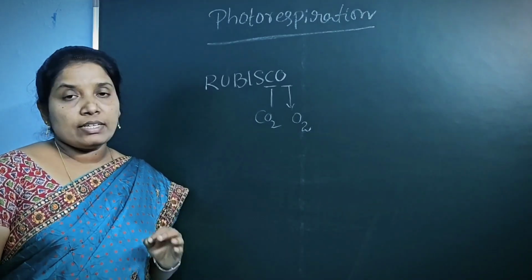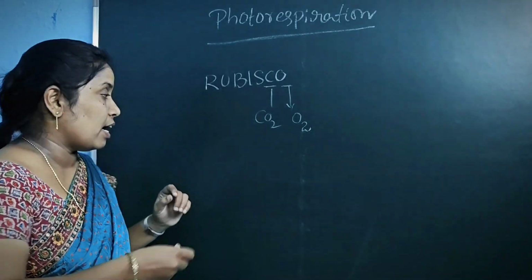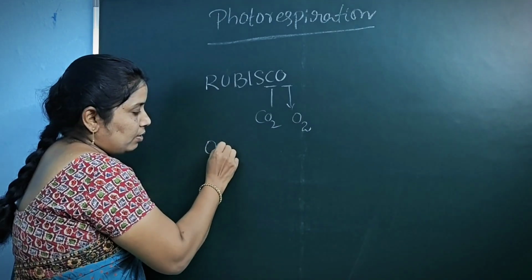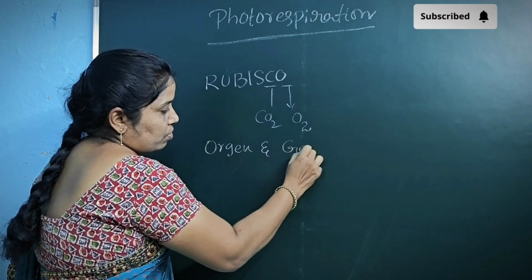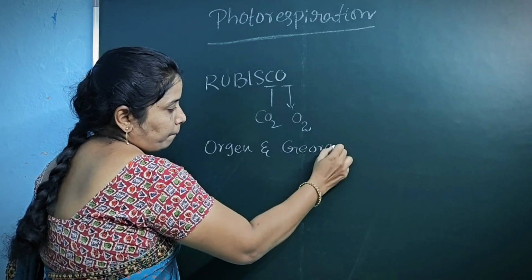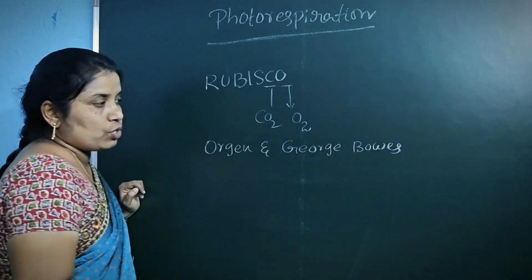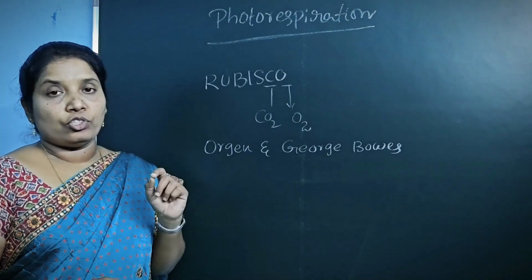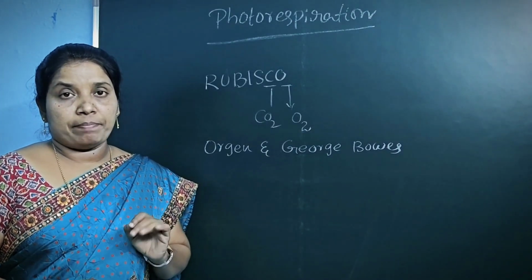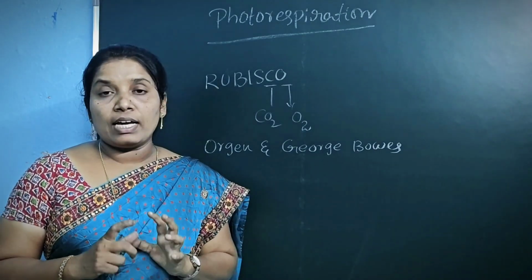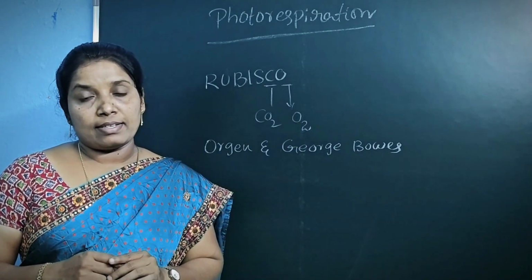The dual nature of the RuBisCO enzyme was reported by 2 scientists, Orgen and George Bauss. These 2 scientists have reported the dual function of the RuBisCO enzyme. Generally, the RuBisCO enzyme prefers to fix the atmospheric carbon dioxide.